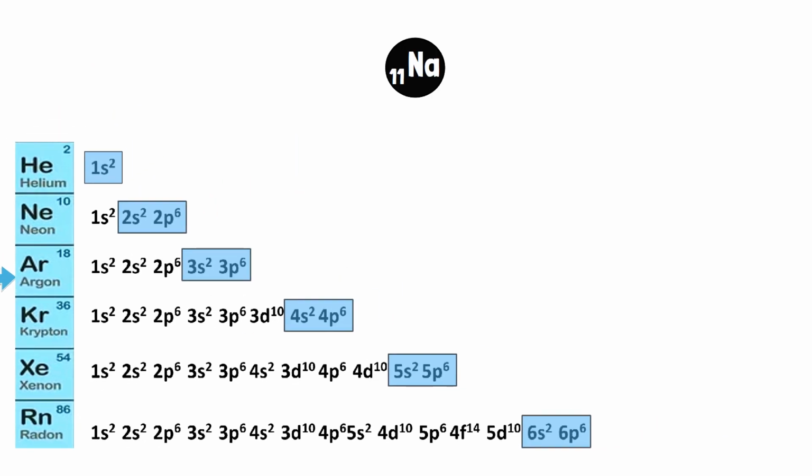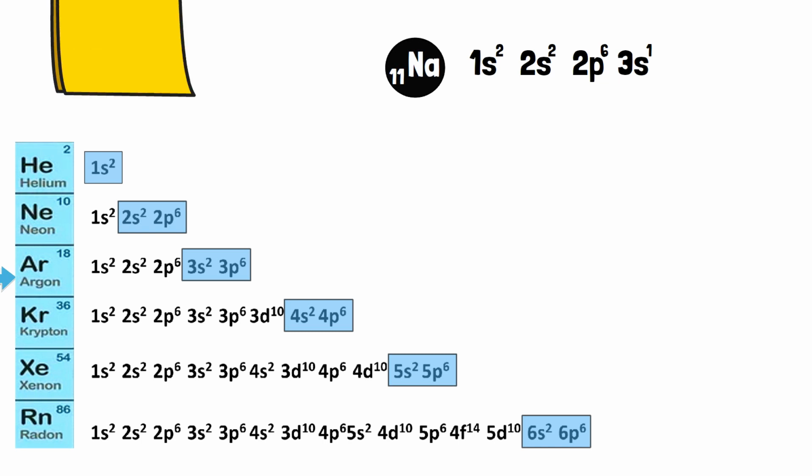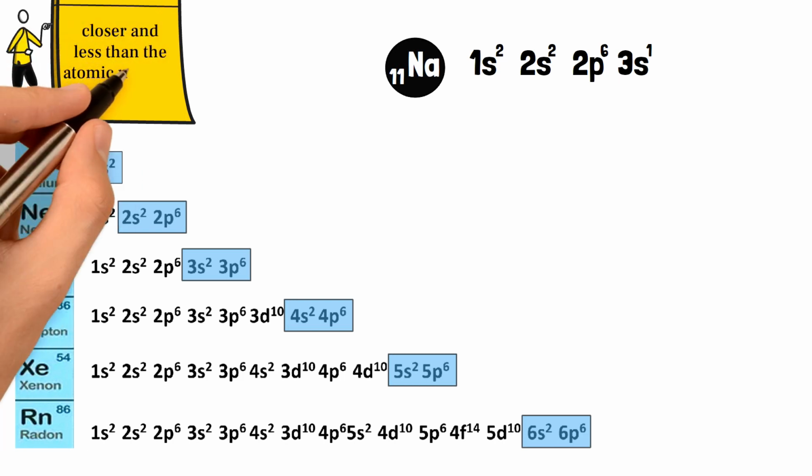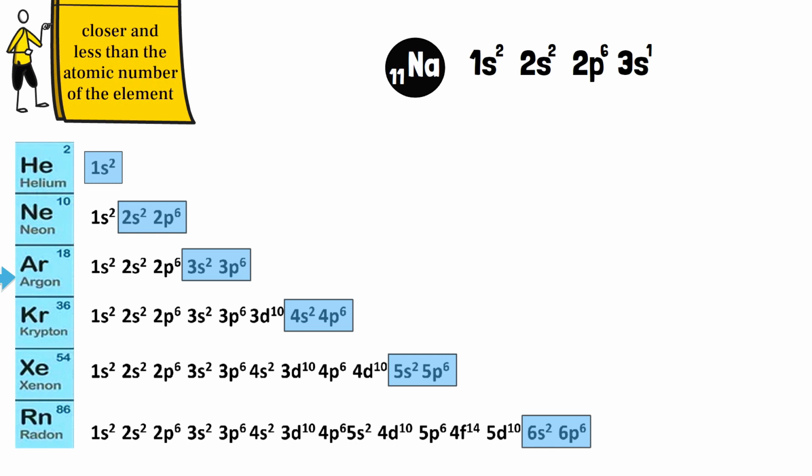Returning to the electron configuration of sodium, which has an atomic number of 11, we will choose the noble gas whose atomic number is closer and less than the atomic number of sodium. It's neon, and its atomic number is 10.